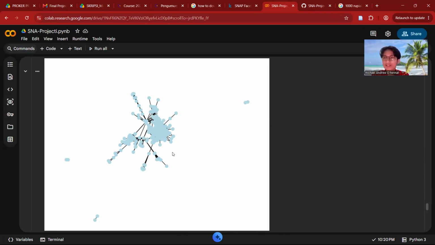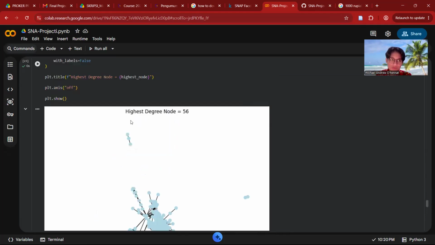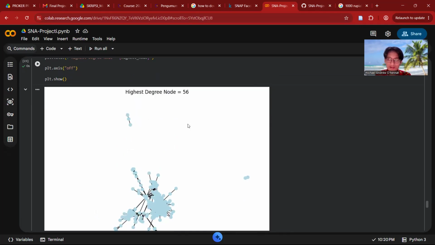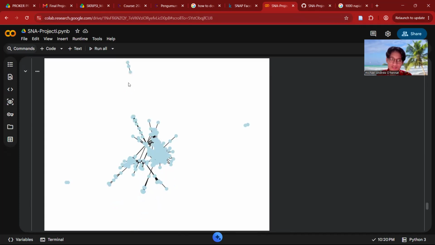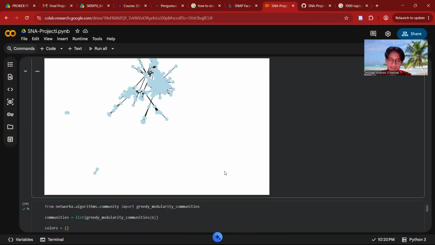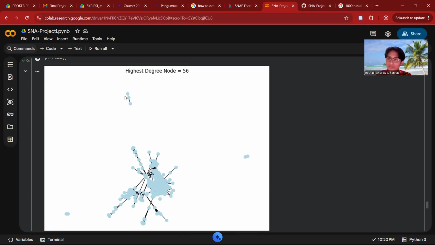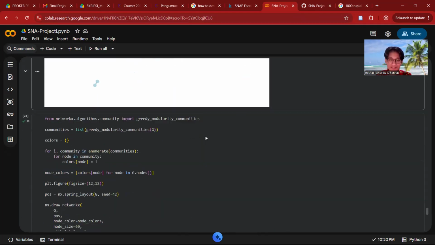There are a lot of egos in this dataset, and every ego is going to be the central point of attention. So maybe node number 56 has other connections with other egos, and other egos connect to this node that is separate in ego number 0.